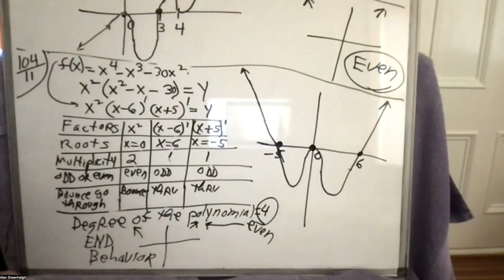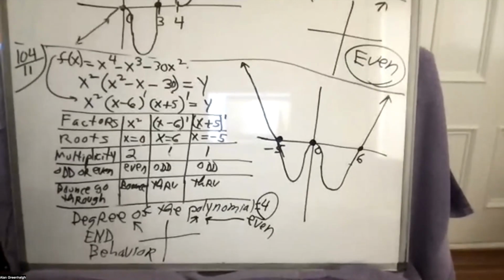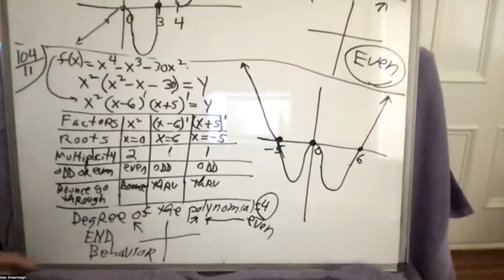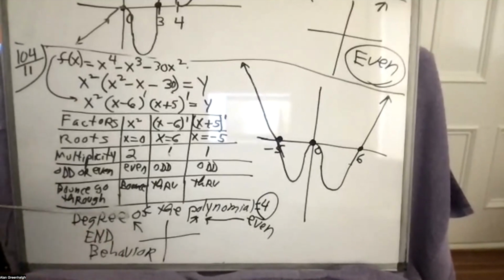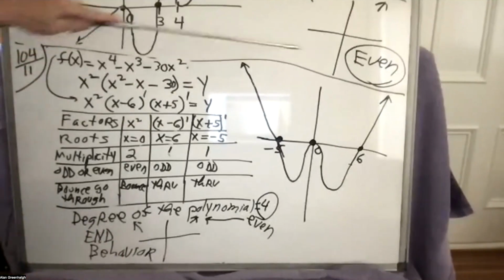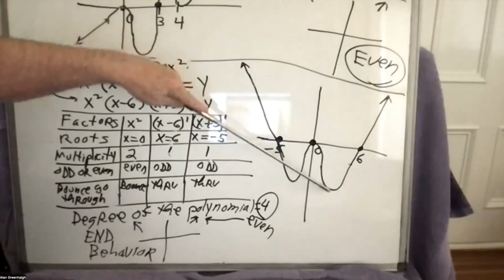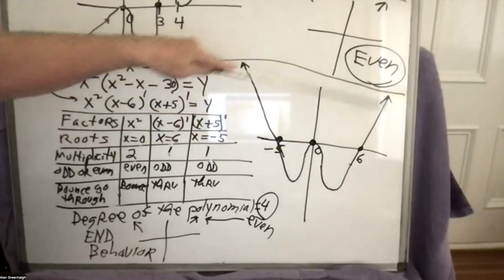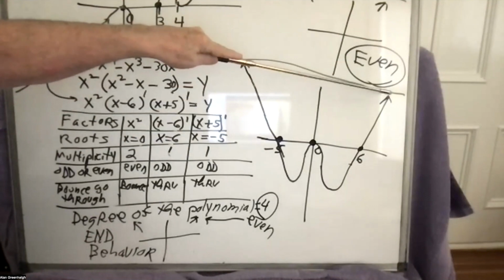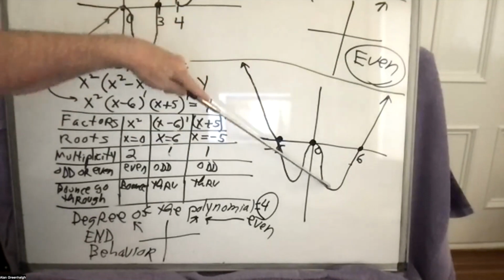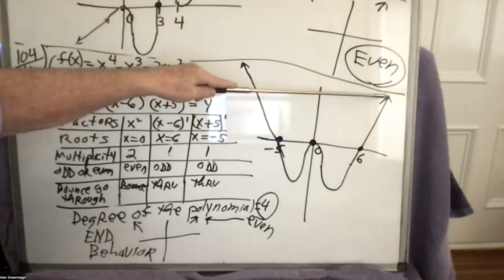Actually, not really, but that's as close as we could get to what the graph actually looks like. And you can see how the end behavior really helps us, because we know the beginning and the end. So we knew kind of when it was down here that it had to go through, because in order to get to the end point, it had to make this turn and wind up over there.